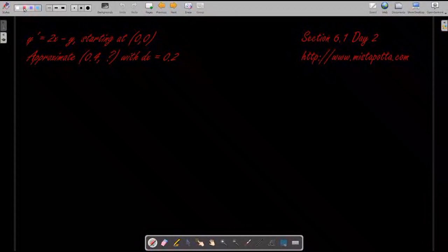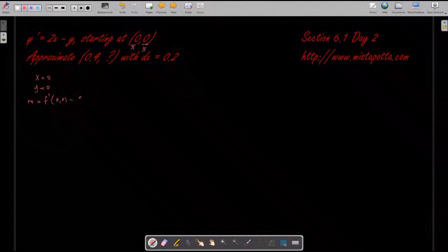So I'm going to go through this process of finding a tangent line. Again, starting at (0, 0). So this is my x, this is my y. X is 0, y is 0, and my slope is going to be my derivative at the point (0, 0).